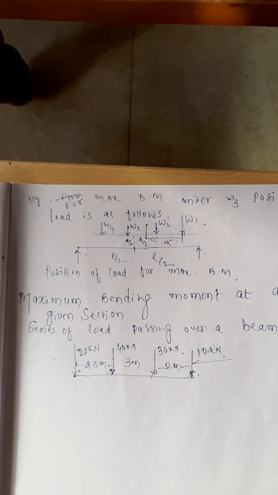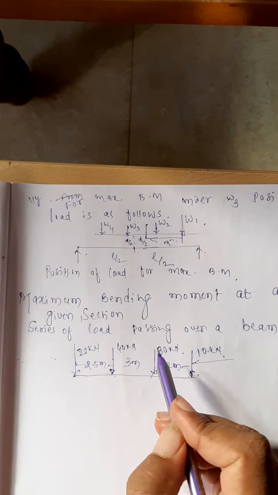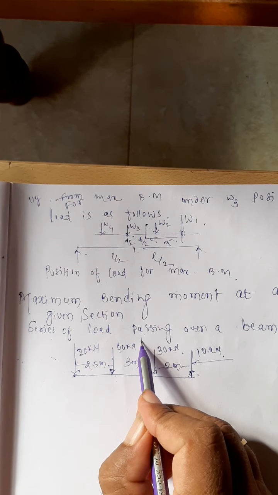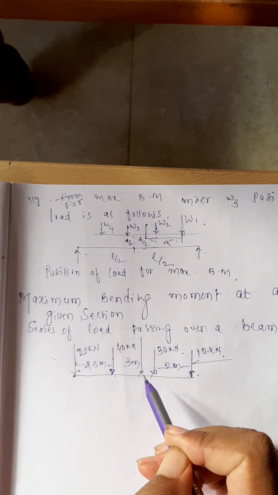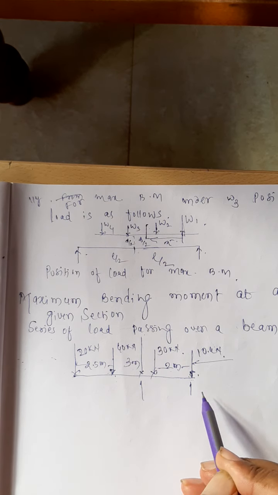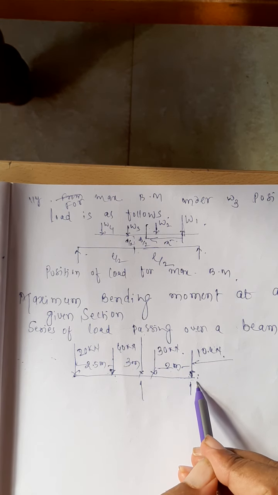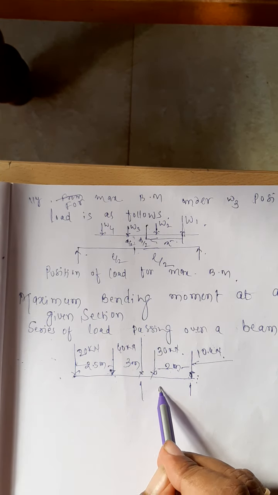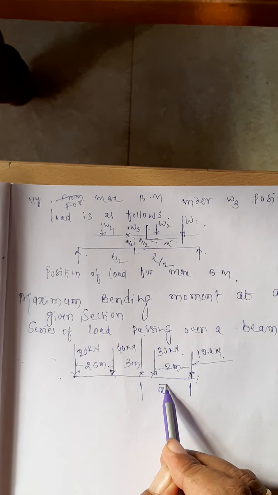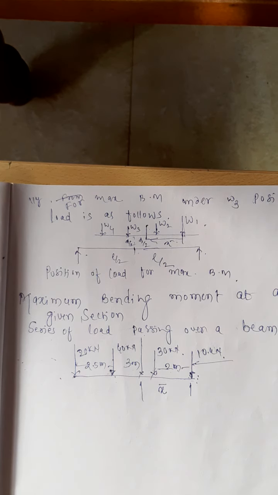You know how to calculate the position of the resultant. Yes, let R be the resultant, and that resultant is acting at a distance of x bar from one of the loads, say 10 kilonewton, either from this end or from this end you can take it.